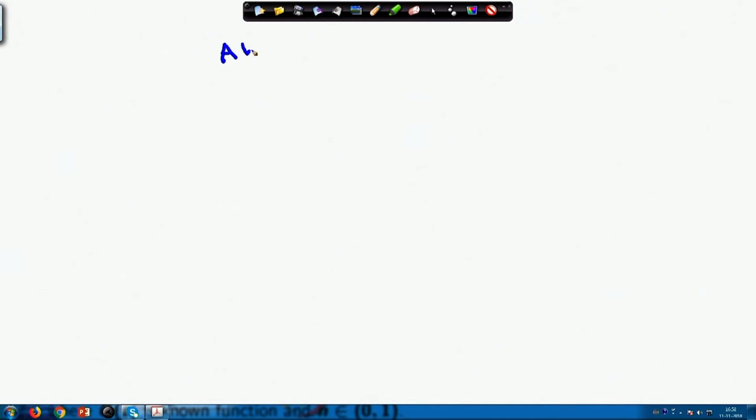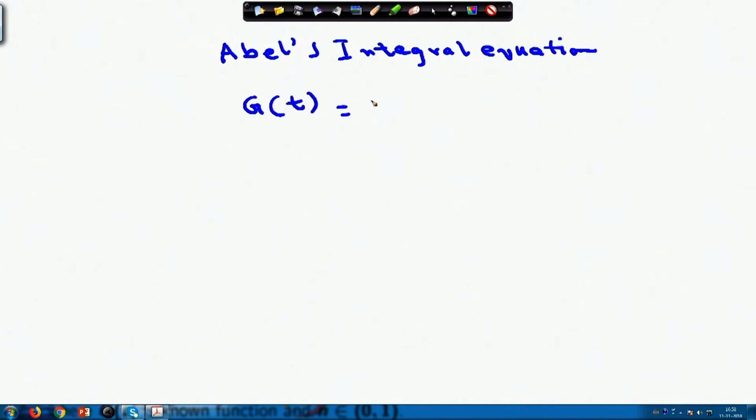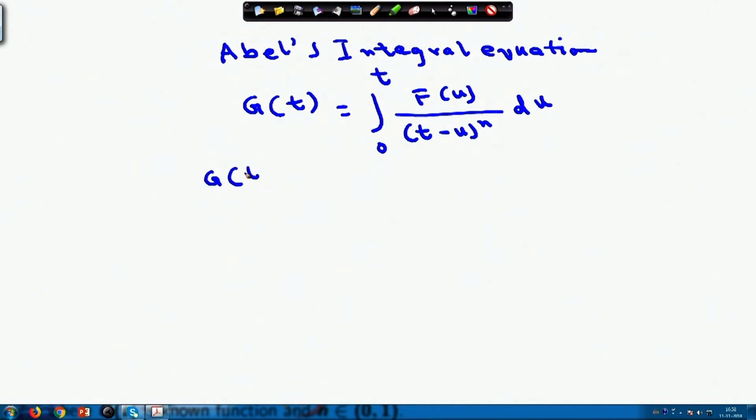We may write down Abel's integral equation, which takes the form g(t) equals integral from 0 to t of f(u) into (t minus u) to the power n du, where g(t) is a known function and n belongs to (0, 1).